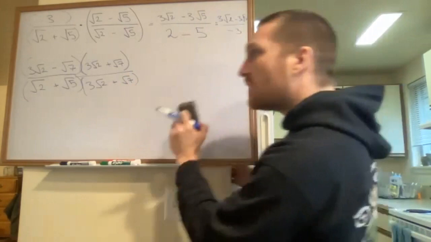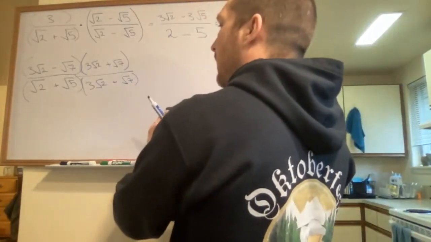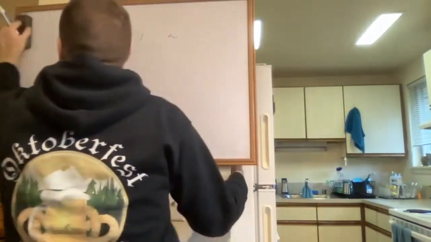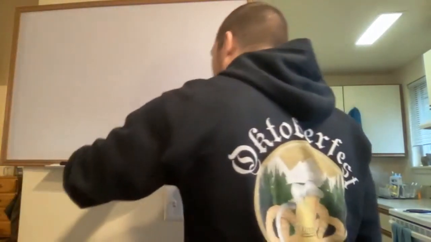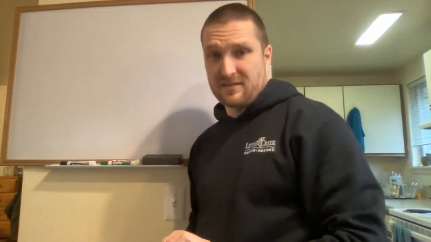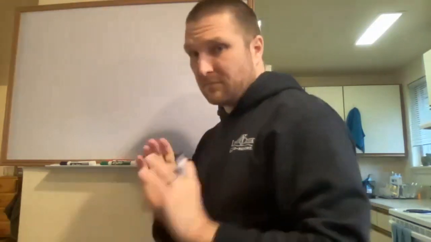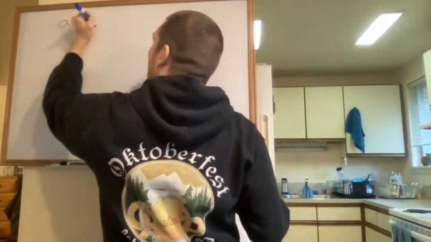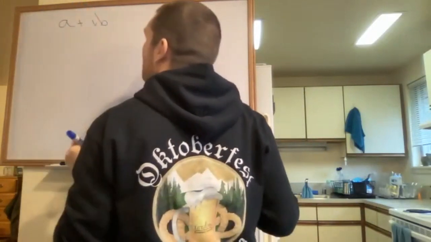Finally, just one last thing I want to say on this whole idea of the conjugate of something. This will be huge when we do complex numbers, and the idea is exactly the same. A complex number, like we've talked about briefly, is a number like this.